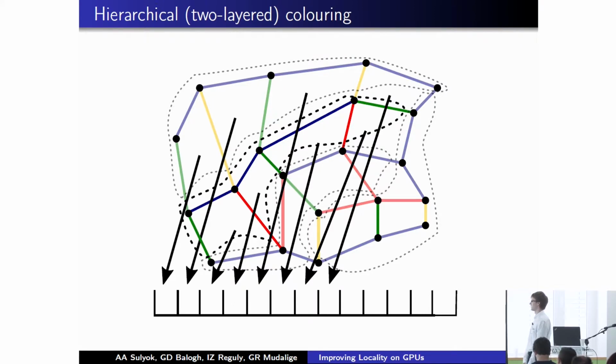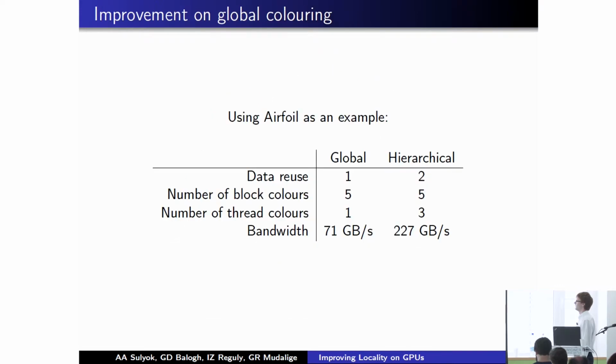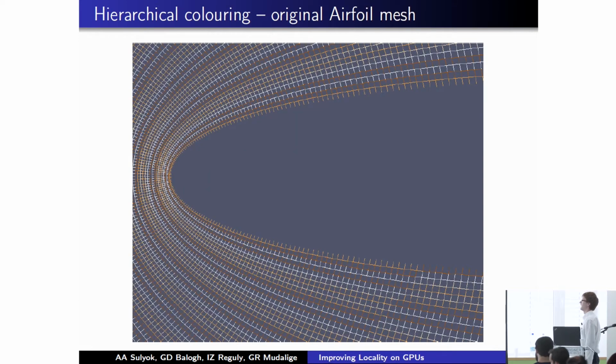You can reuse some of the data, and you only need to load 8 cells' worth of data. On airfoil, we can see concrete numbers. From 71 gigabytes per second, the bandwidth increased to 227 gigabytes per second, just with this improvement. And this is what the original mesh of airfoil looks like using this block coloring technique.